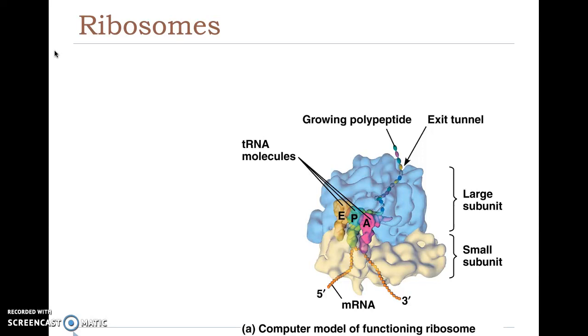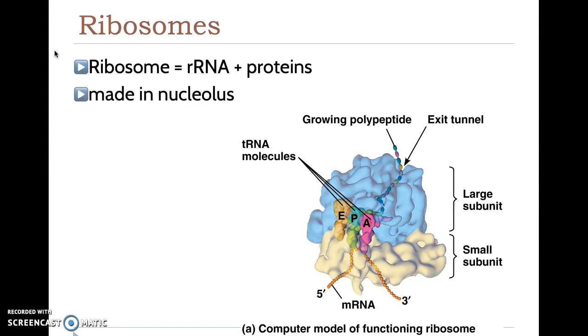Ribosomes are the site of translation, or building a protein or a polypeptide chain. So what exactly is a ribosome? A ribosome is made of rRNA, or ribosomal RNA, and it's also made of protein. It is synthesized in the nucleolus, and there are 2 subunits to it.